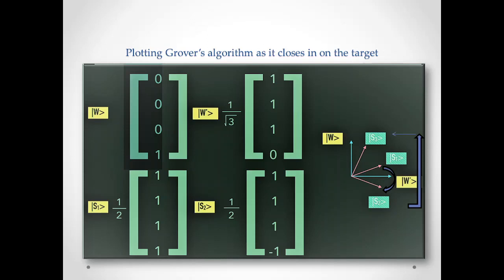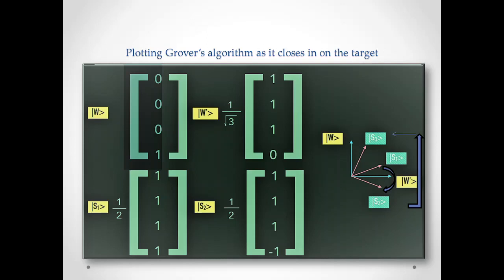We can think about these two states as vectors in space, which are orthogonal or almost at a right angle, and we can come up with a new state within the span of W and S, which is called W prime. It is defined as 1 1 1 0 with a normalization factor 1 by root 3.